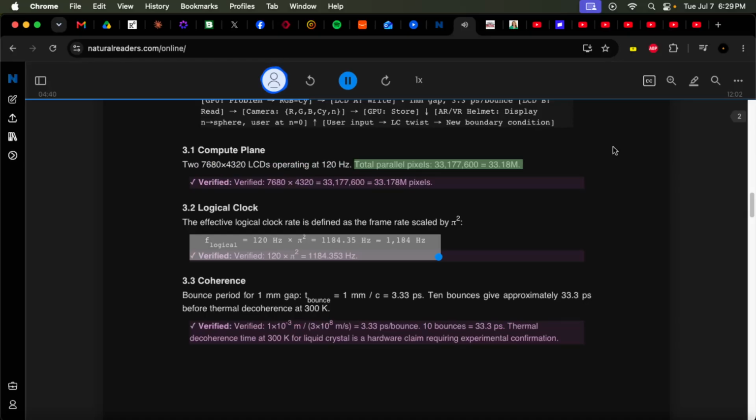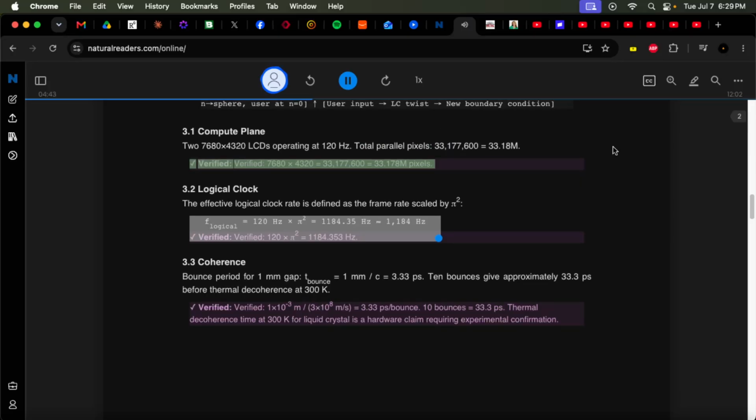Total parallel pixels, 33,177,600 equals 33.18 M. Verified, 7,680 x 4,320 equals 33,177,600 equals 33.178 M pixels.